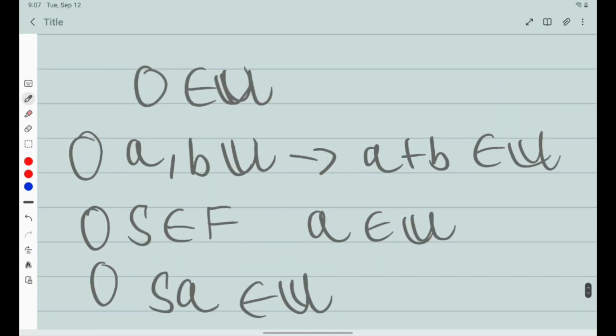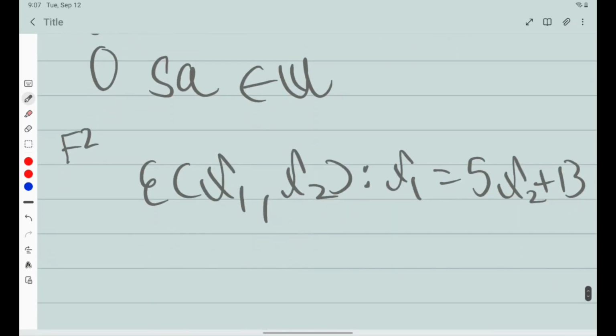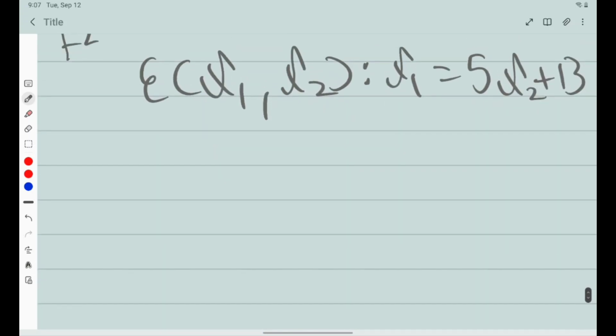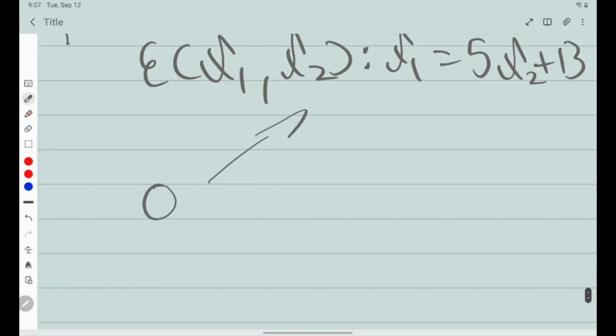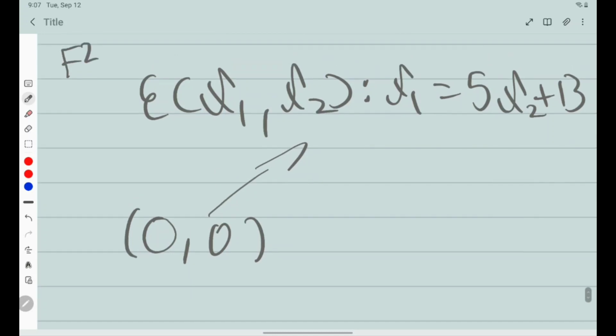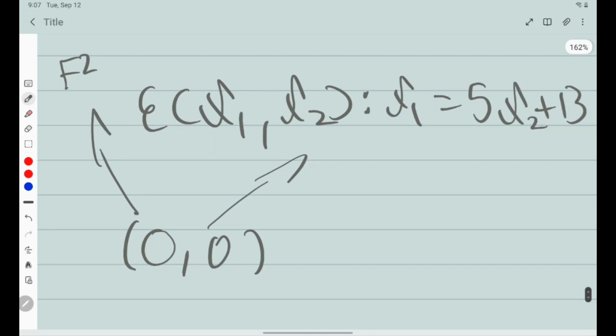The first thing we should ask is: is our identity vector in this subset? So if we take (0, 0), is this in our subset? Because (0, 0) is the identity vector of F2.